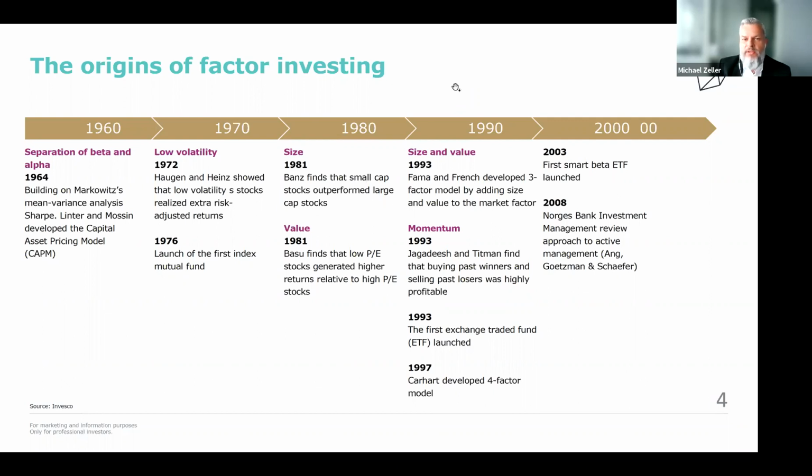And therefore, they were able to describe or explain a lot more of single stock returns than it was able to do by using the capital asset pricing model. In the same year, 1993, Jegadeesh and Titman found out that there is some kind of momentum factor.